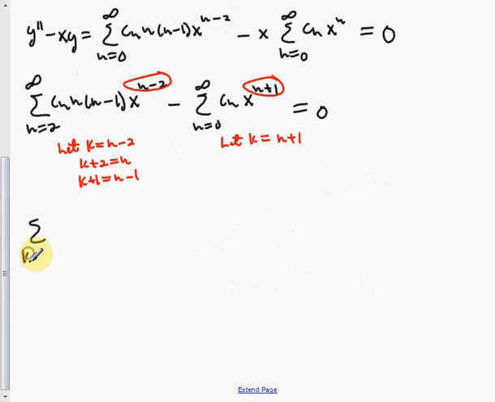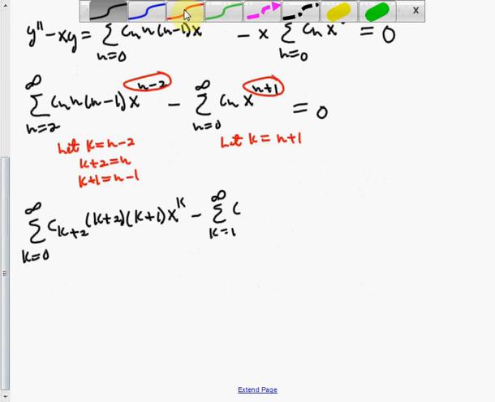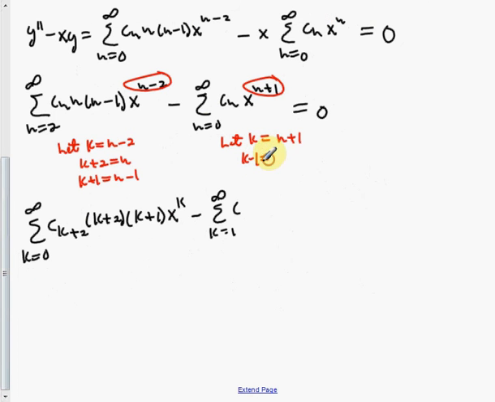So now we have the summation as k goes from, if n is 2, then 2 minus 2 is equal to k, so k goes from 0 to infinity of c sub k plus 2 times, n is k plus 2, n minus 1 is k plus 1, times x to the k, minus the summation as k goes from, if n is 0, so k goes from 1 to infinity, of c sub, this is n, but k minus 1 is n.